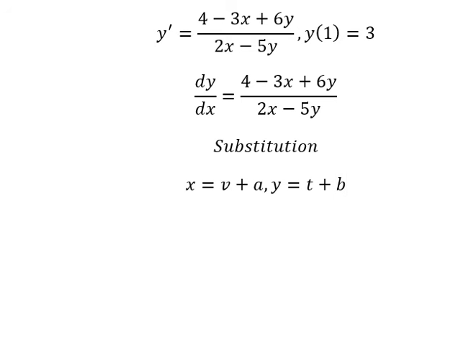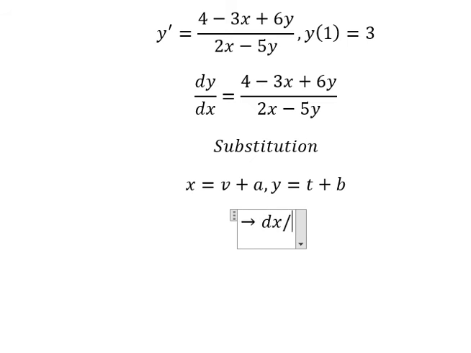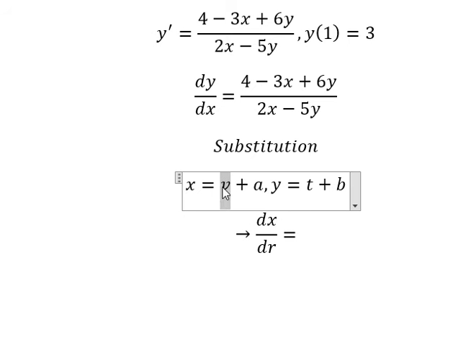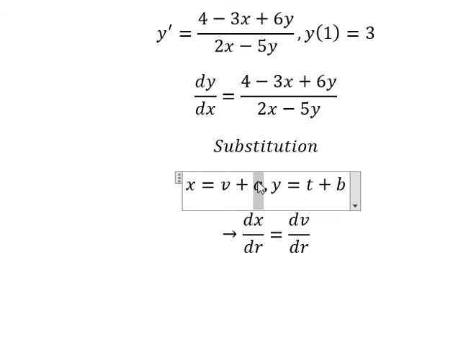So if I do the first derivative of this one, you will have dx over dr. So if I do the first derivative of v, we have dv over dr. This one is the constant, so you get 0.